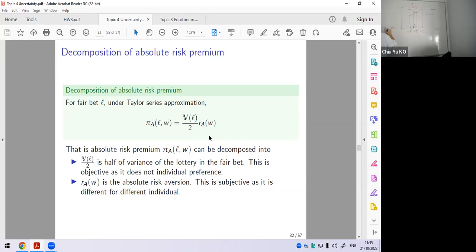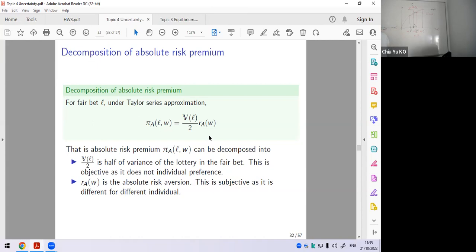I have wealth W plus this guy, W plus L. And this lottery has two outcomes, L and L prime.